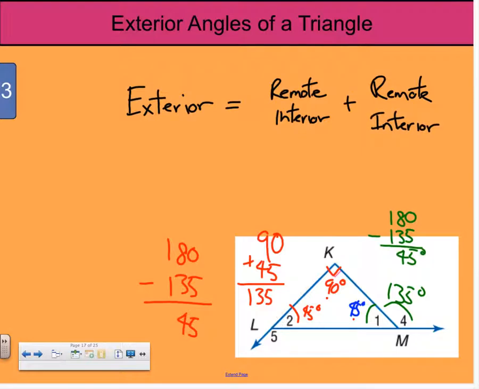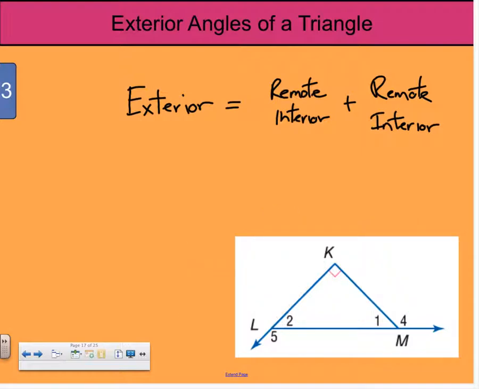Okay, so let's break this down. Actually, let me erase here and start over. Angle 4 is 135 degrees.